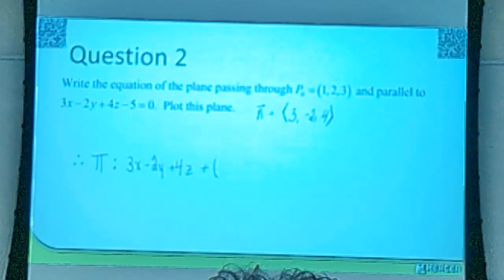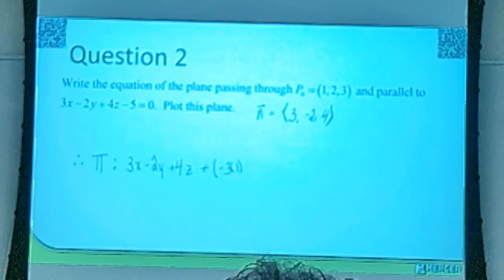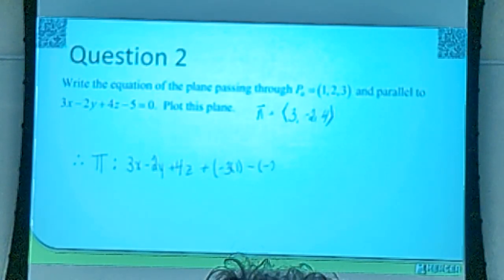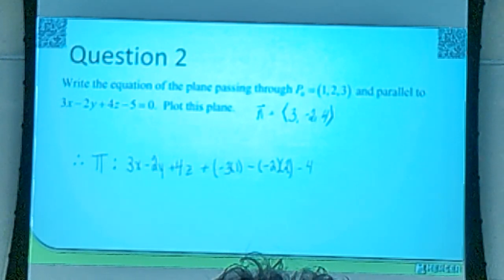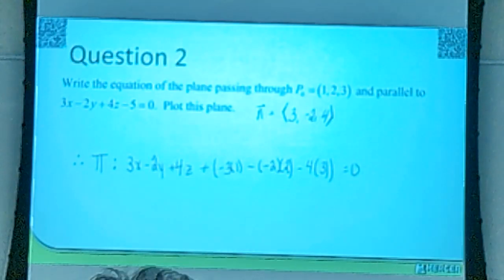That constant is negative a times x naught minus b times y naught minus c times z naught. Negative 3 minus 12, negative 15, plus 4, negative 11.